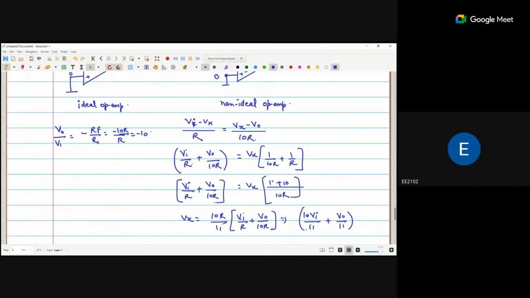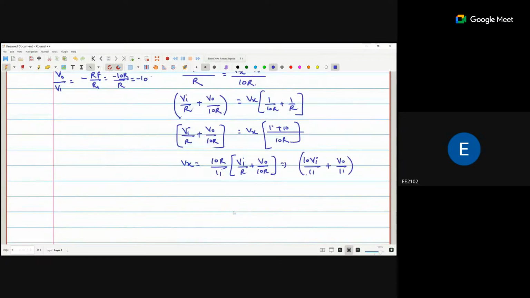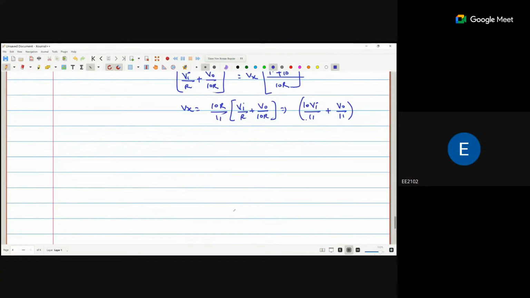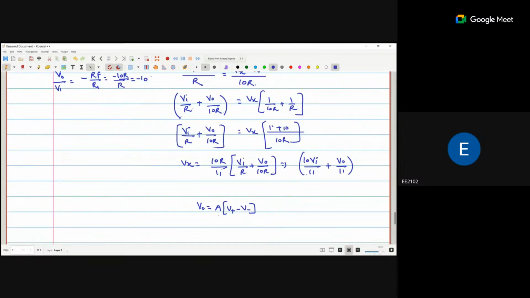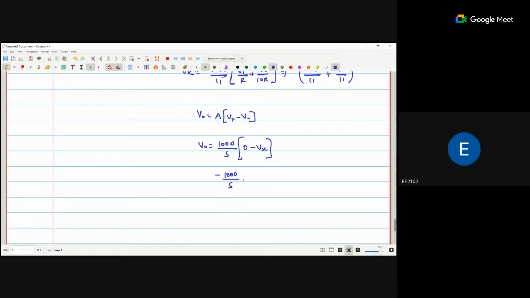Okay, now, if this is the Vx voltage, we know that in the case of a non-ideal op amp, output is what? A times (V positive minus V negative). What is A? That is 1000 by S. So V naught is equal to 1000 by S times (V positive is 0 and V negative is Vx), so minus 1000 by S times Vx. What is Vx?